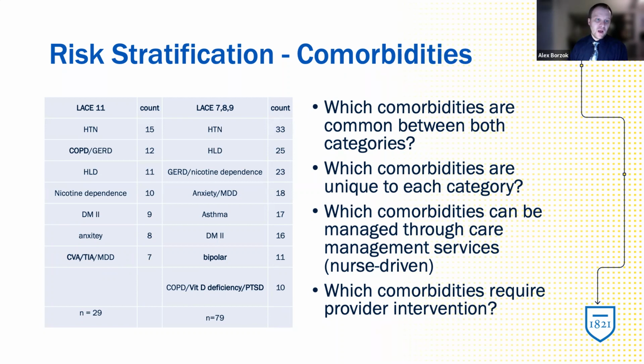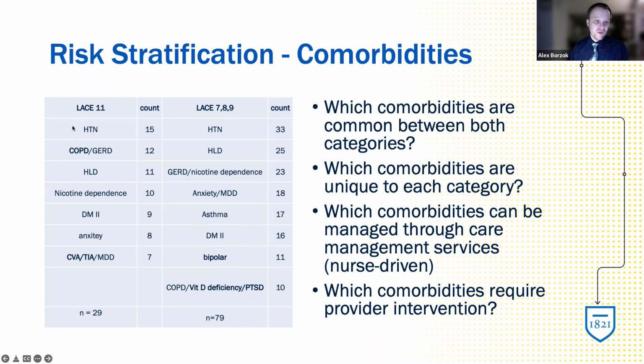So on the left-hand side of the chart here, LACE score of 11, on the right side, LACE scores 7, 8, 9. The comorbidities that are bolded are specific to these LACE scores. So patients with a LACE score of 7, 8, or 9 had a higher frequency of having a vitamin D deficiency or PTSD as a comorbidity.